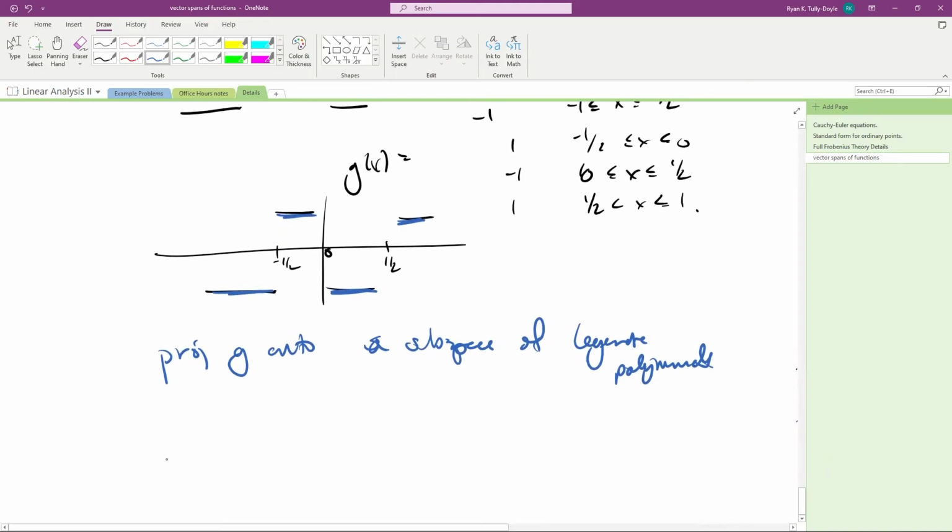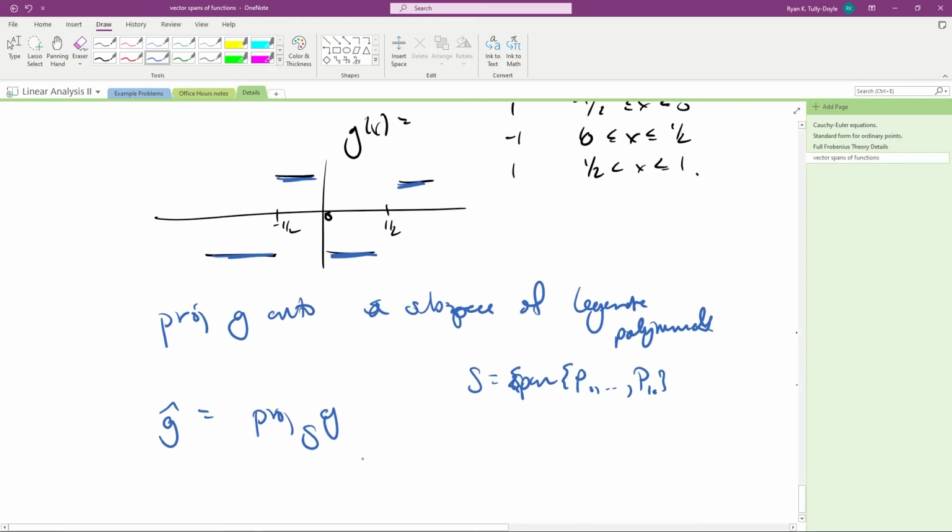I should still be able to write down that g hat, which is the projection of g onto S, where S is equal to the span of P0 through P10, is the sum of the inner product of g with pi over pi dot pi, times pi. This is still valid. That formula still holds. The projection still works. I'm still taking g and projecting it onto the span of those polynomials, and it's the closest function inside the span of those polynomials to the original function.